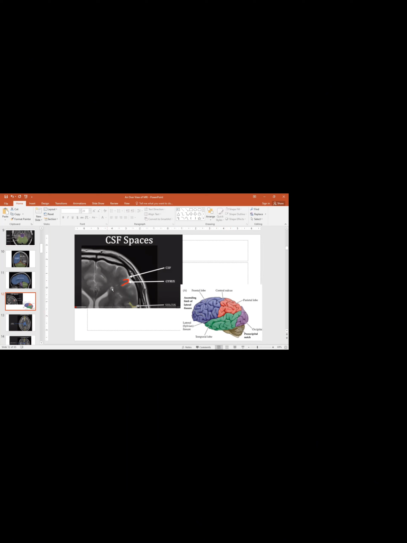On T2 sequence it will look bright because the fluid looks bright. So there will be some bright tinges, and they show the place of the sulci. We are seeing CSF in these sulci, and around the sulci will be the gyri. The gyri are like projections over the brain. You can appreciate these projections, and the sulci, the depressions, on this anatomical diagram.